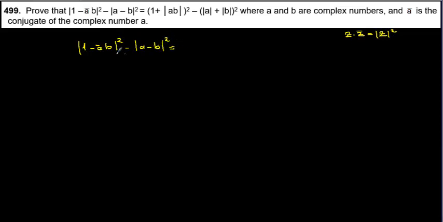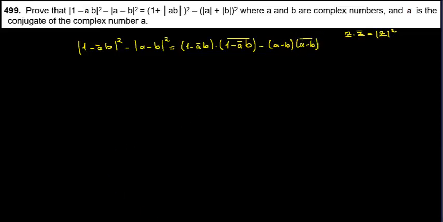It's going to be equal to, now here there is modulus and I'm going to use the conjugate form: 1 minus A conjugate B times 1 minus A conjugate B conjugate, minus A minus B times A minus B conjugate.